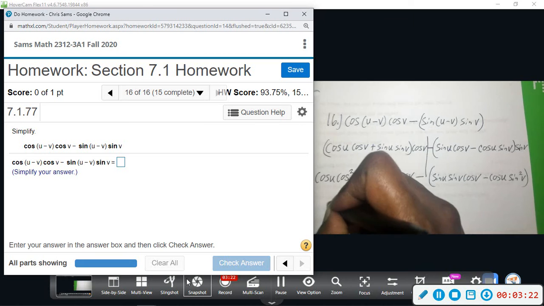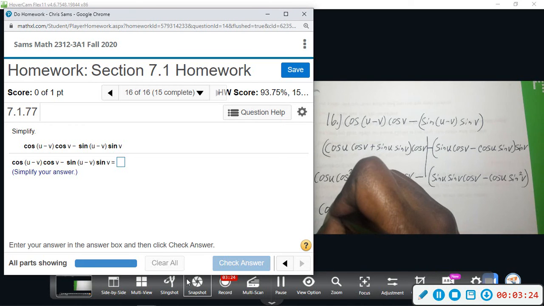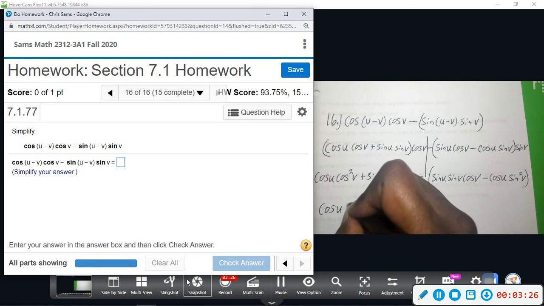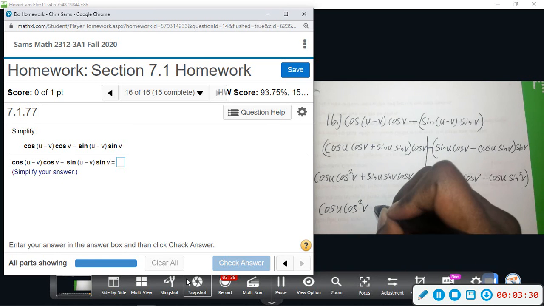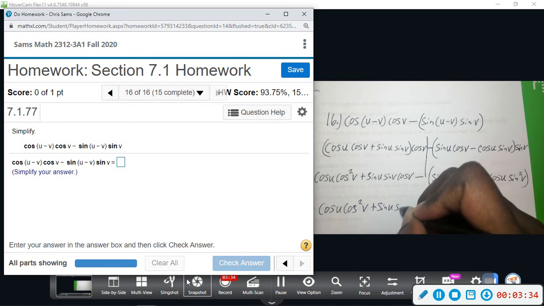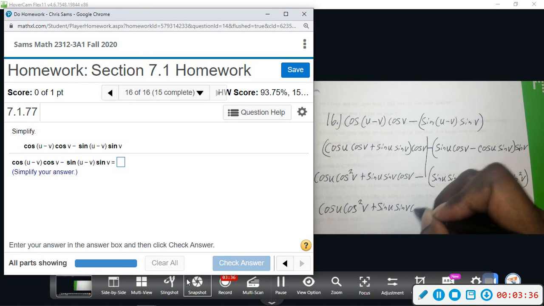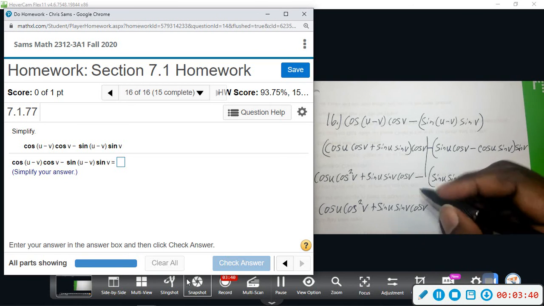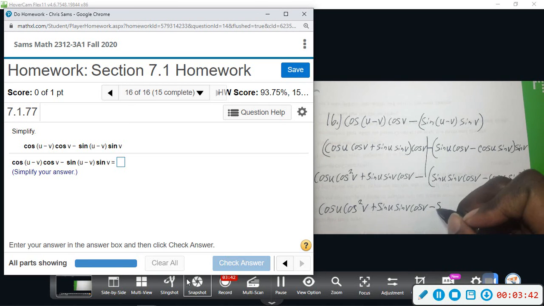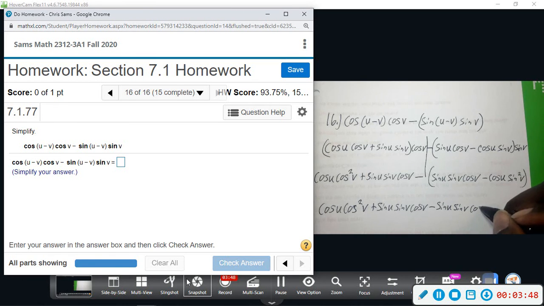So we have cosine of u cosine squared v plus sine u sine v cosine v, and this is going to be minus sine u sine v cosine v.